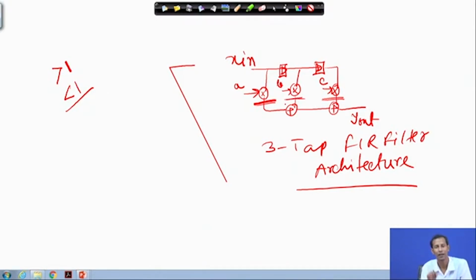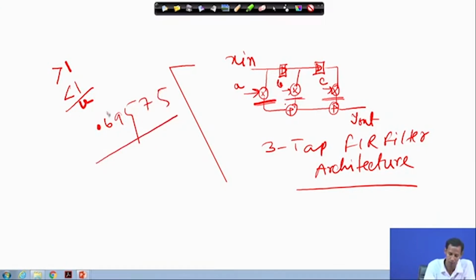Then the first understanding will be how we represent a fractional value, a value less than 1, in binary number.